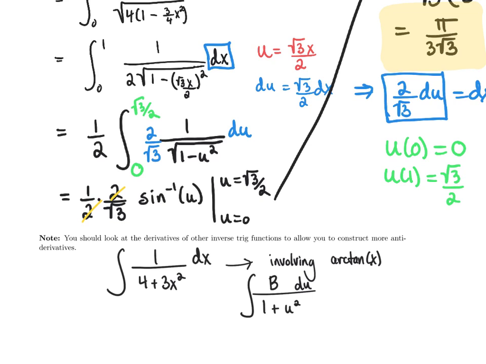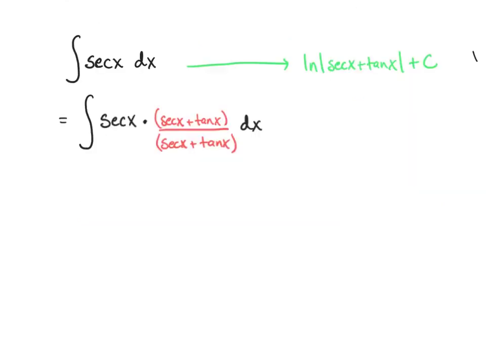rational functions for substitution. In this last part of the video, I'm going to fill in the basic steps for how to find the antiderivative of secant; cosecant is actually very similar. So looking at the answer that's given in the textbook, I can see it's the natural log of the absolute value of secant x plus tangent of x.